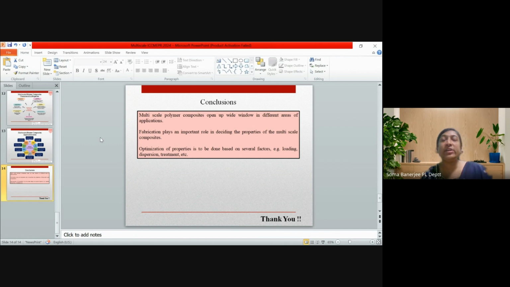So effectively, this will definitely synergize the properties of the composite.